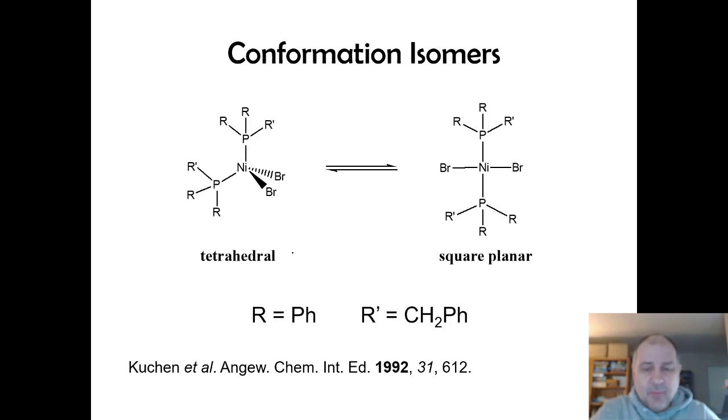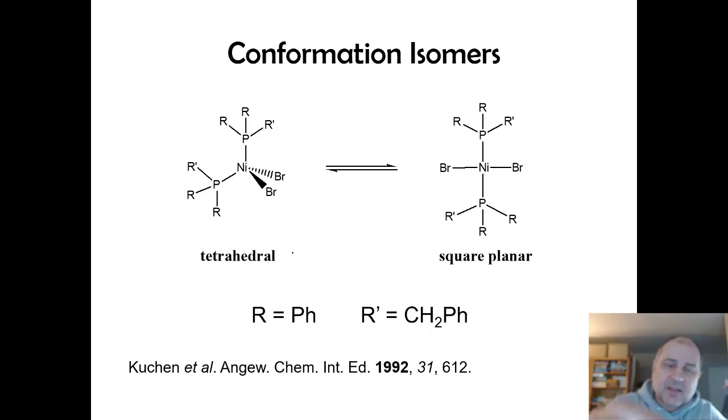There's a paper published by Kuchen back in the 90s. He actually tried to bulk up. He wanted to know the breaking point of when a nickel D8 converts from square planar to tetrahedral, and so he started bulking up these. So triphenylphosphine is going to make a tetrahedral geometry.